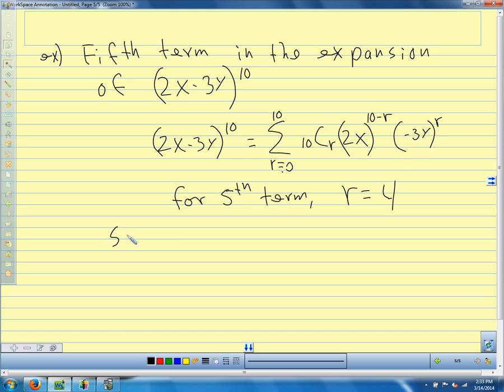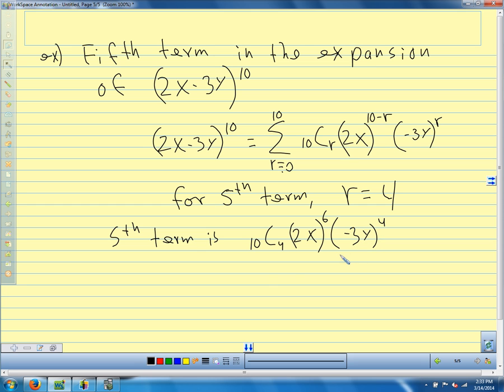So the 5th term is 10 choose 4 times (2x) to the 10 minus 4, or 6th power, times (negative 3y) to the 4th power. And when I calculate all this out, I can find 10 choose 4, (2x) to the 6th power, (negative 3y) to the 4th power.